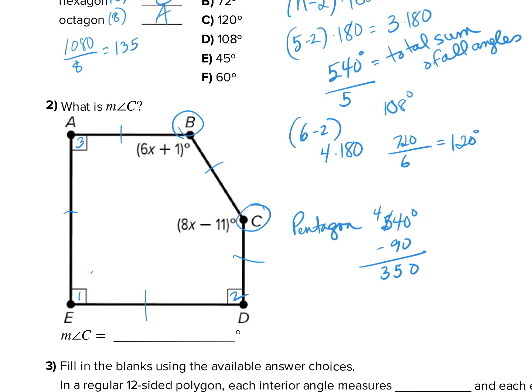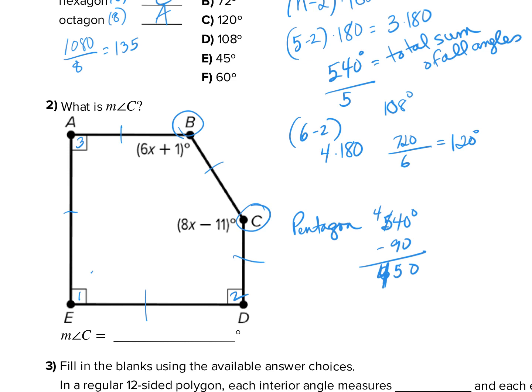Let's check my math here because I do not trust it. So 540 minus 90. See? 450, not 350. I don't know why I wrote 350. Anyway, does anybody see the mistake I made? I only subtracted 90 degrees, but I have 3 90-degree angles.